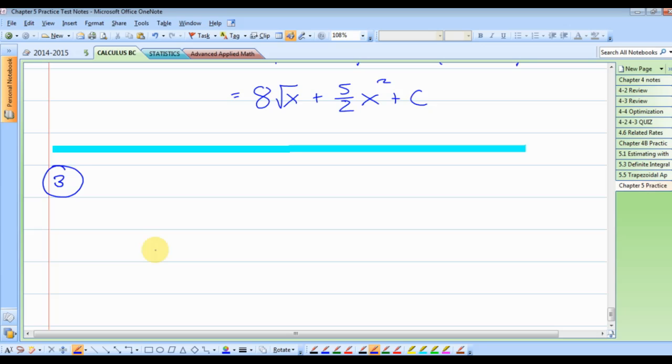Again, the limits of integration are 0 to 9, 0 to 3, and 3 to 9. I think the way I want to illustrate this is just to put this in order.